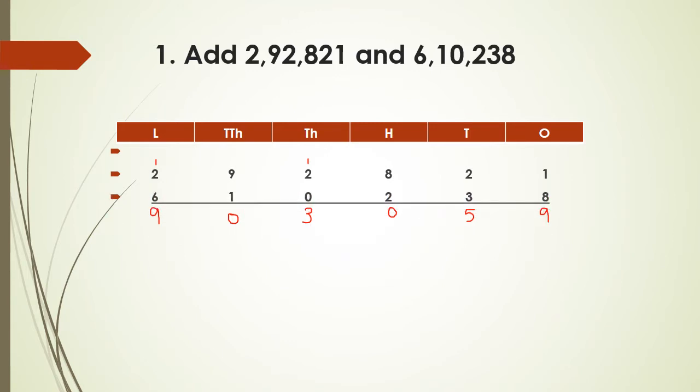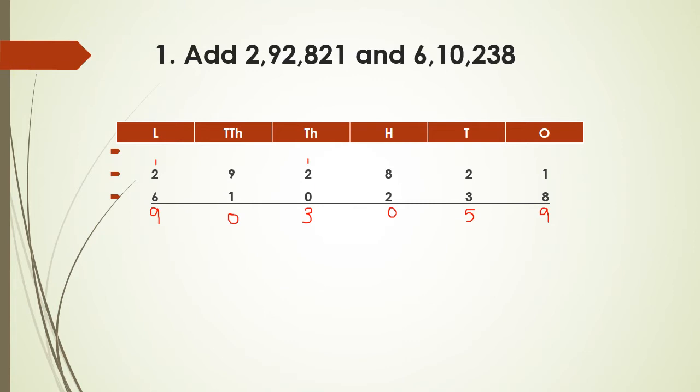Then next step, you have to add these two numbers. For adding the number, you have to start from right. 8 plus 1 plus 8, 9. 2 plus 3, 5. 8 plus 2, 10. 0.